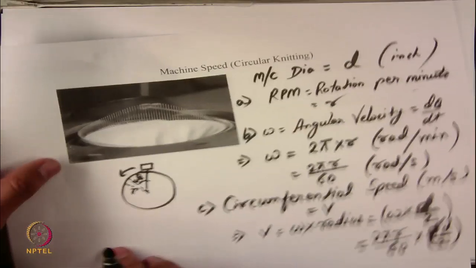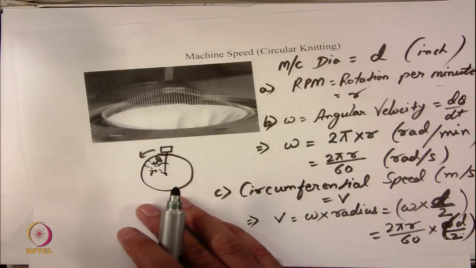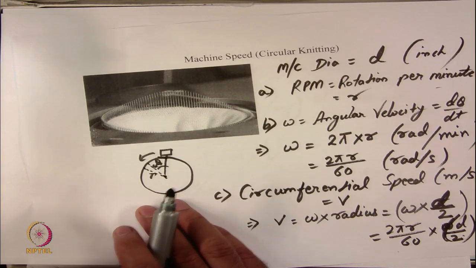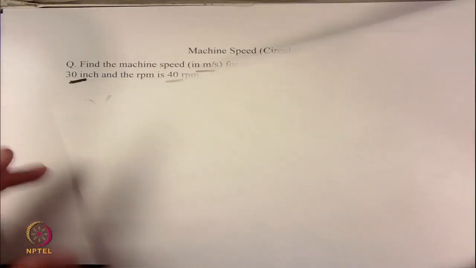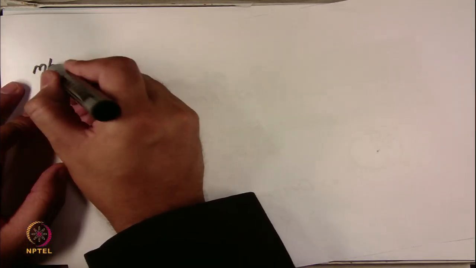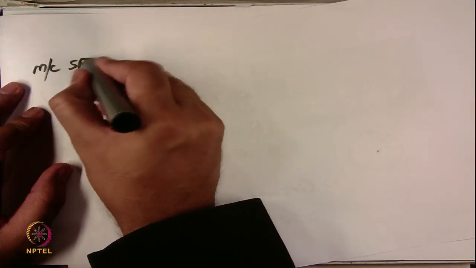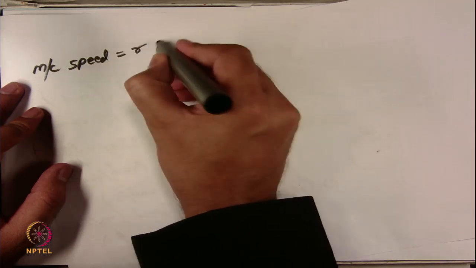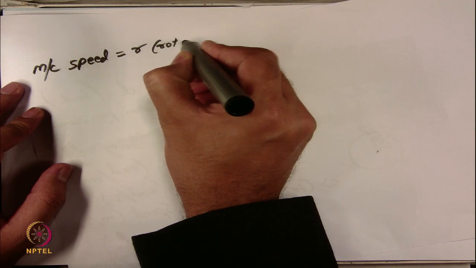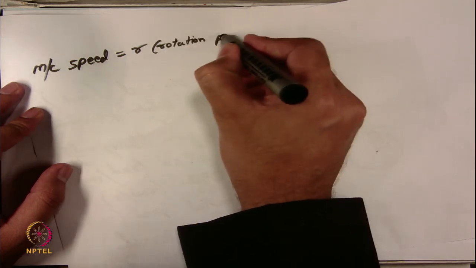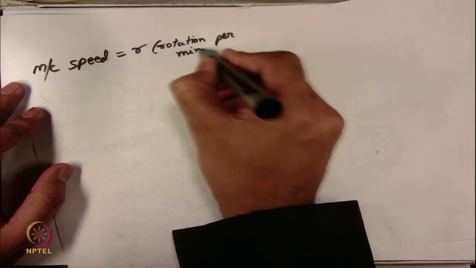So, for that we need to first define certain symbols. So, machine speed we are representing in RPM, which is rotation per minute.